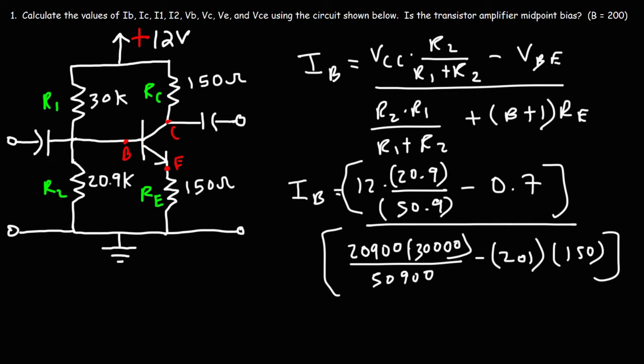So let's go ahead and plug this in, and let's see what answer we're going to get. Now, I almost made a mistake here. That should be a plus sign, so let's make that correction. So give me a minute while I plug this in.